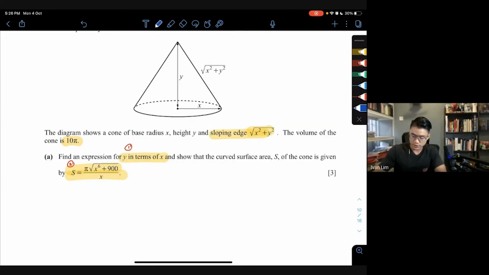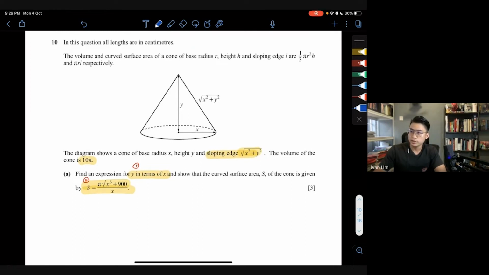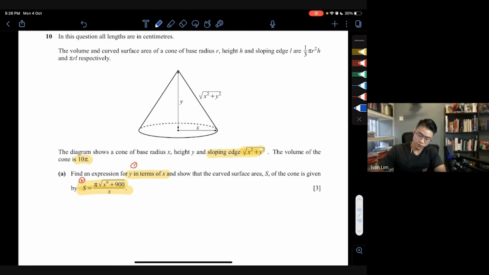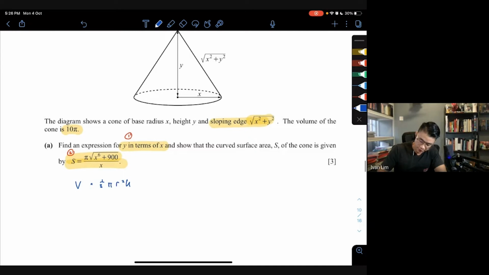Okay, so let's see. What do we have? To find y in terms of x, they give us the volume, so we can use the formula, volume equals 1 over 3 pi r squared h. Given to us, it's 10 pi equals 1 over 3 pi x squared y.